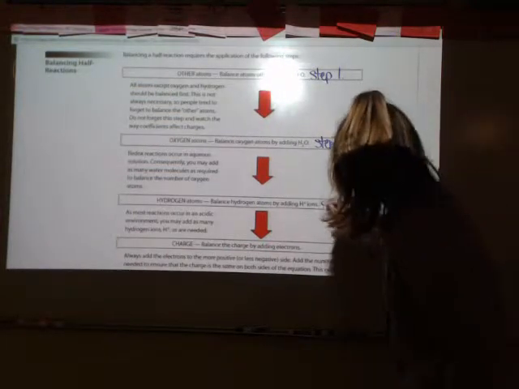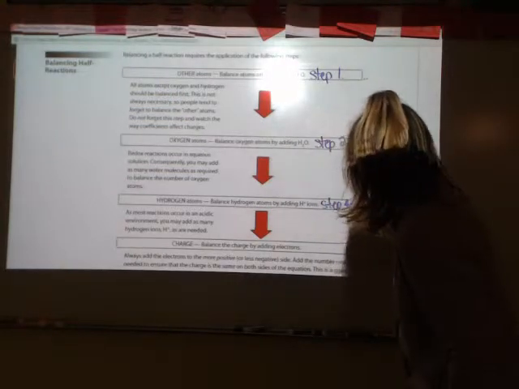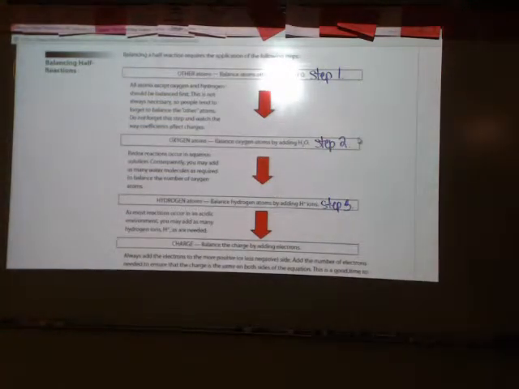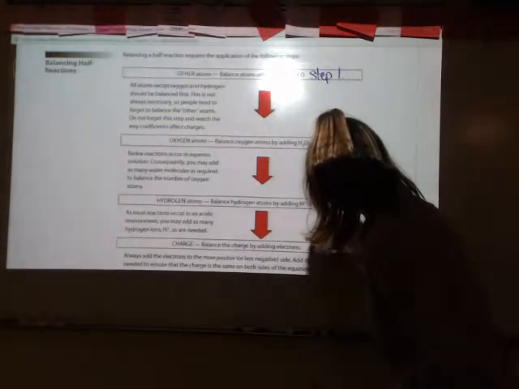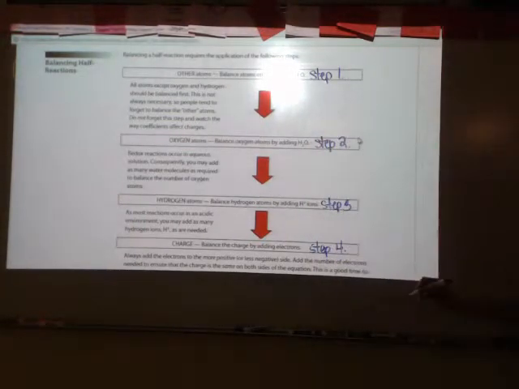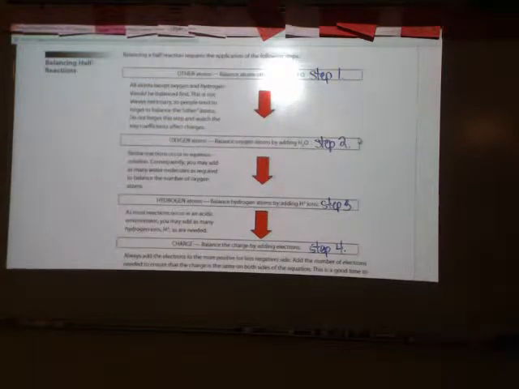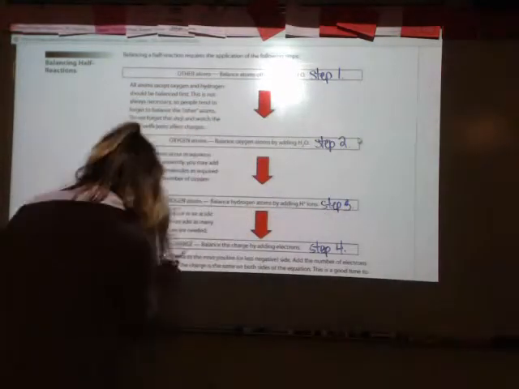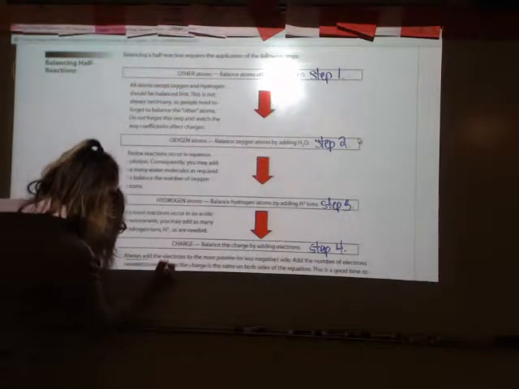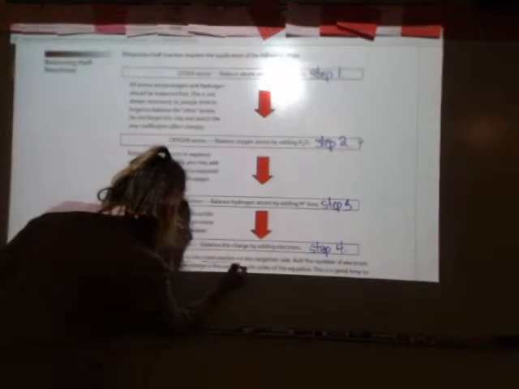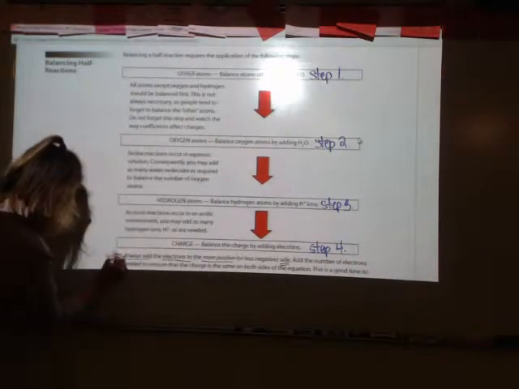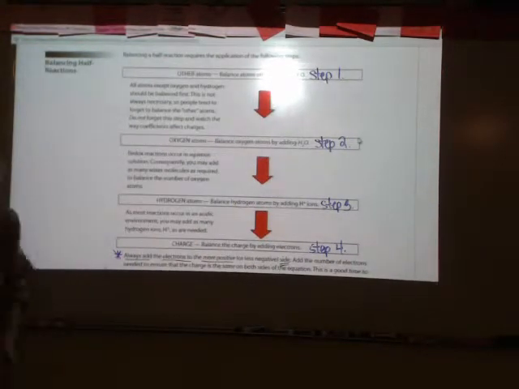Step number 3 will be balancing hydrogen atoms by adding hydrogen ions. And then step number 4 will be balancing the charge by adding electrons. We always add electrons to the more positive side. It says that down here: always add electrons to the more positive side. You should star that.